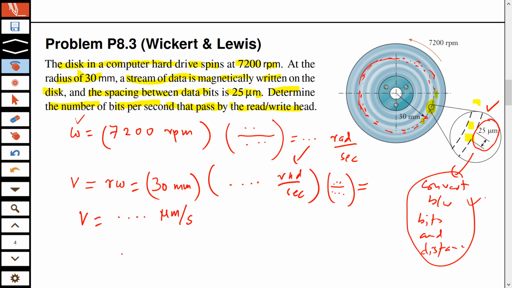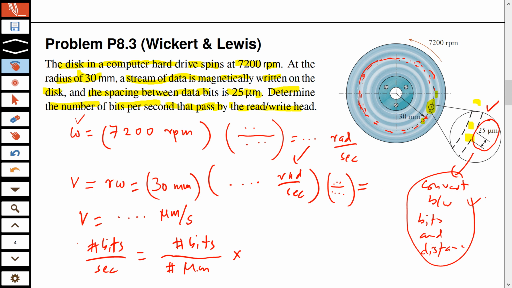Now the $1,000,000 question, the number of bits per second. I'm just writing the shorthand, number of bits per second. I can write it in this way, number of bits per micrometer times the number of micrometers per second.